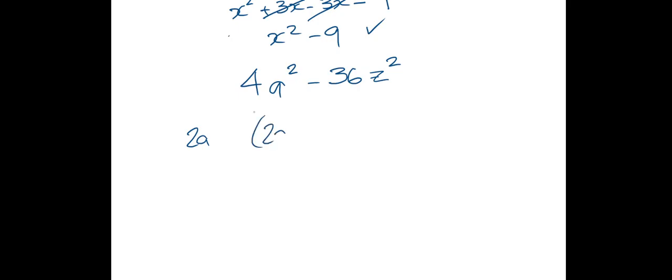So it's going to be 2a plus something, 2a minus something. And I'll leave it to you to show that for 36z squared, when we take the square root of that, we get 6z. So our answer here is going to be 2a plus 6z and 2a minus 6z. Let's expand it out just to make sure.